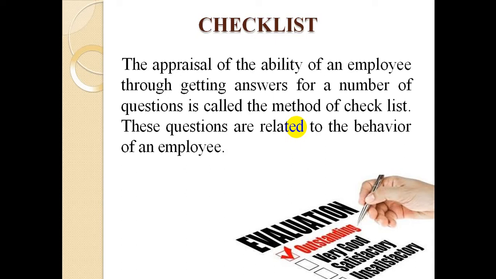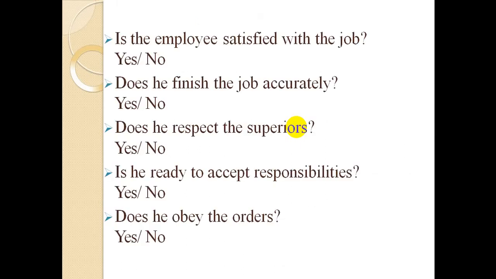Mostly the questions are related to the behavior of an employee. The questions may be, is the employee satisfied with the job? Yes or no? Did he finish the job accurately, and so on. Asking these kinds of questions is the checklist method. Here the rater should choose whether yes or no.